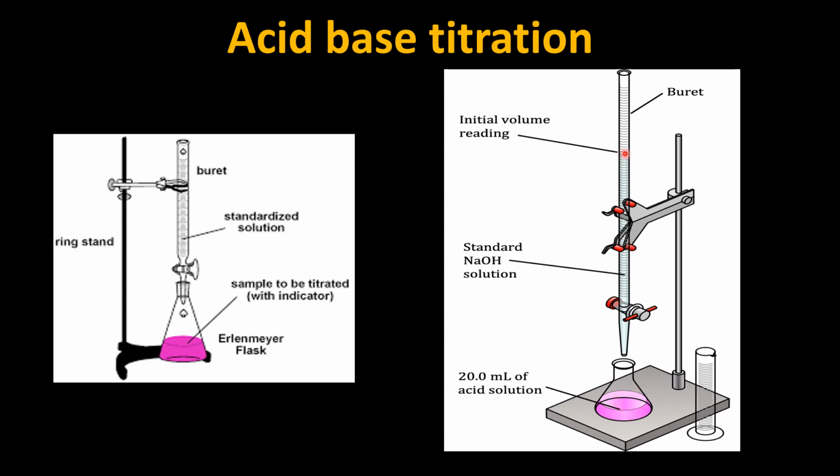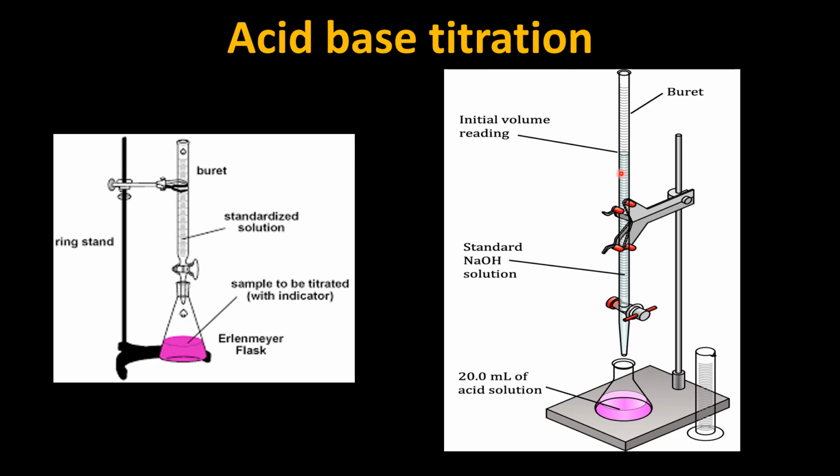Then I have to note the reading. Which reading? When I start the practical, I have to note how much hydrochloric acid I have taken. Then when the color of the flask solution turns light pink, at that time I have to note how much hydrochloric acid solution has been used to change the color.